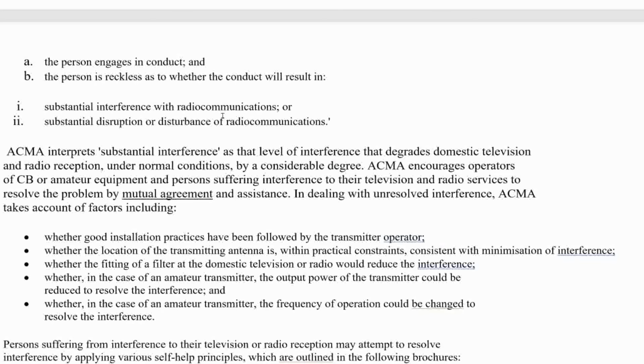There are situations where if you are causing interference to a TV, the neighbour's TV, strictly speaking, you do not have to shut down. But common sense would dictate that you would exercise diplomacy until the problem's resolved. You would do things like reduce your power, use bands or modes where the interference does not occur.